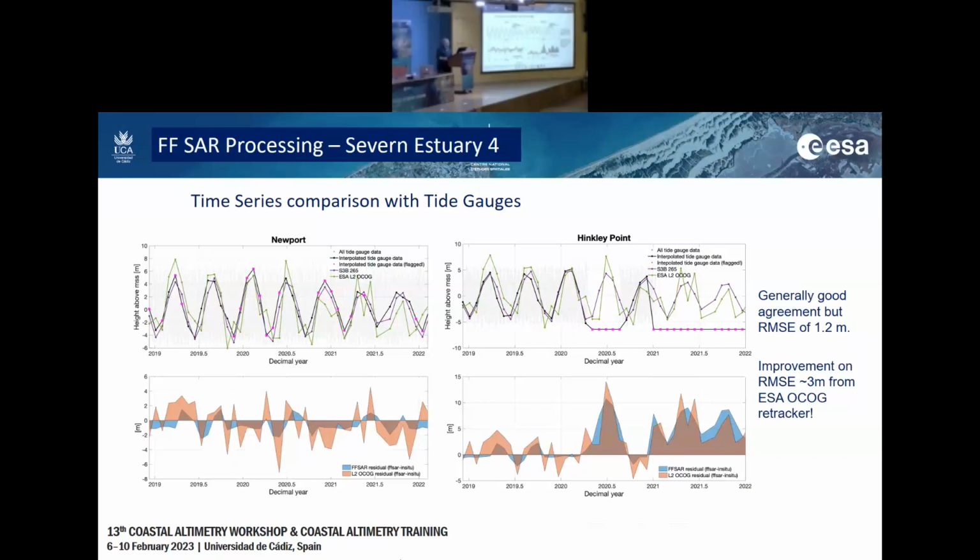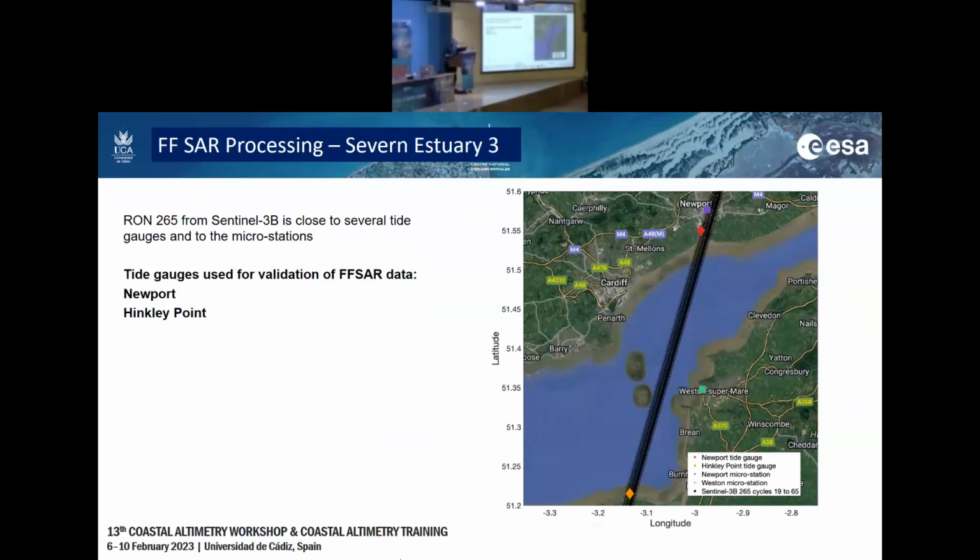So on this point, I was wondering in this comparison, because the gauge is slightly spatially distant from the track, did you correct for any phase shift in the tidal propagation? No, so this is an initial validation, if you like. It was mostly to see which way of processing the fully focused SAR data was best, to see what improvement we could make.